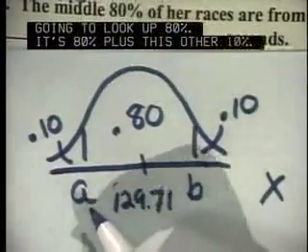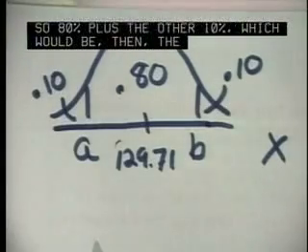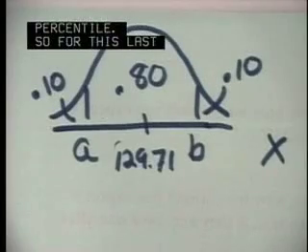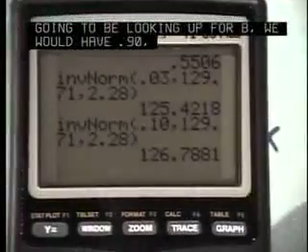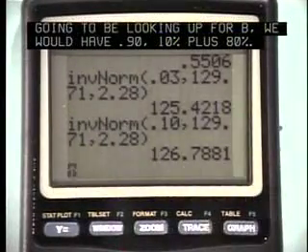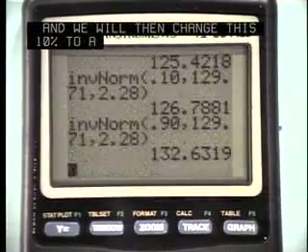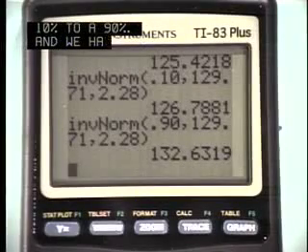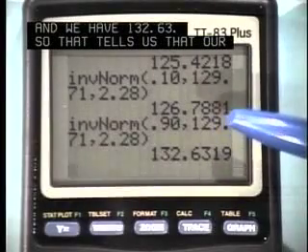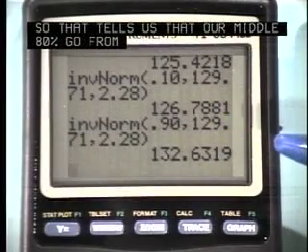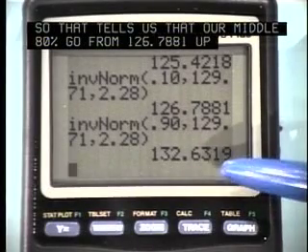So 80% plus the other 10%, which would be then the 90th percentile. So for B, we would have 0.90, 10% plus 80%. And we will then change this 10% to a 90 percentile. And we have 132.63. So that tells us that our middle 80% go from 126.7881 up to 132.6319.